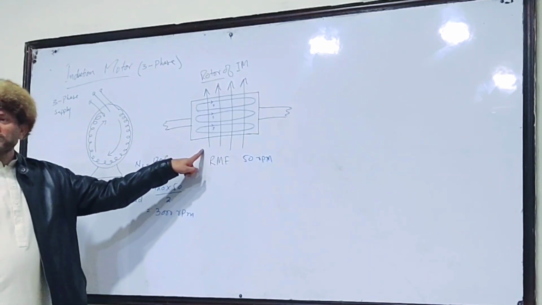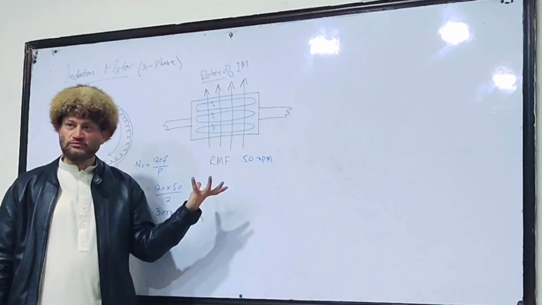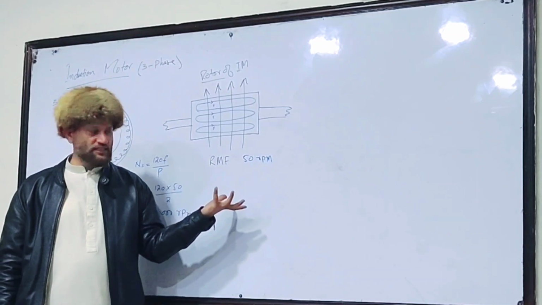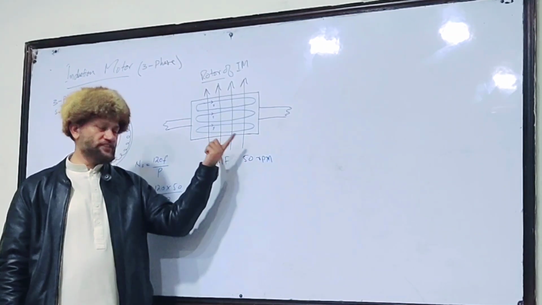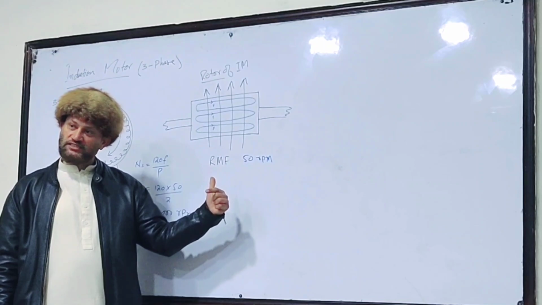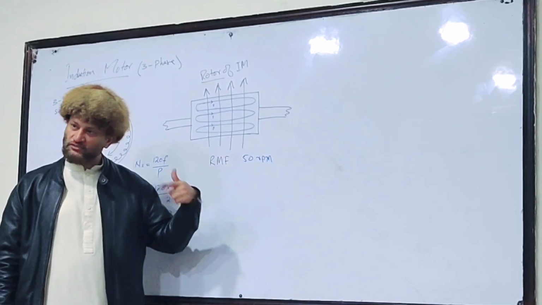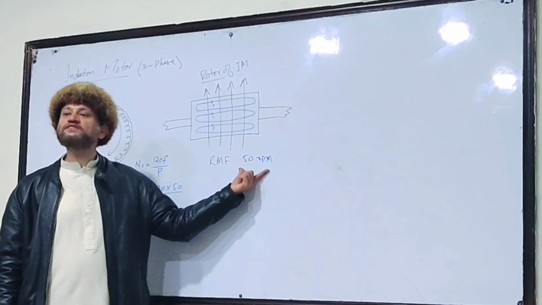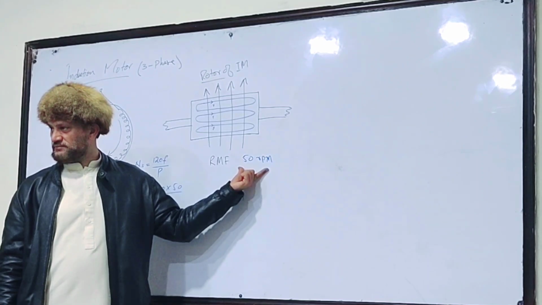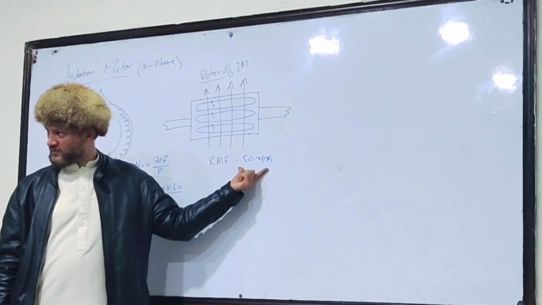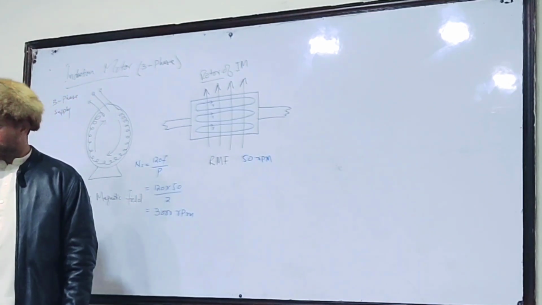We assume initially that the rotor, when it starts rotating from rest, has reached 50 revolutions per minute. Understand my point? Now look at over here.